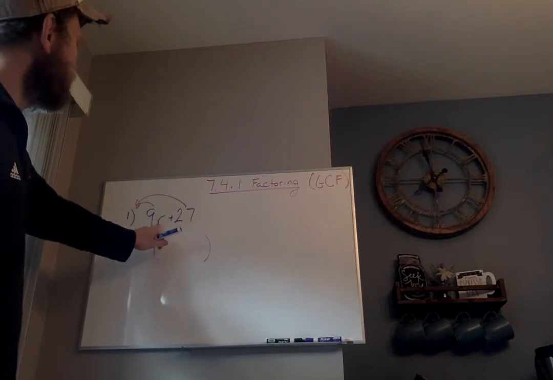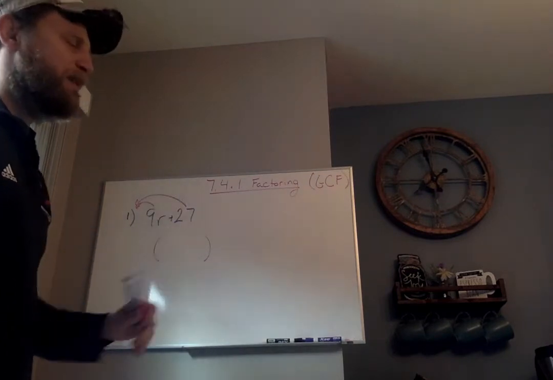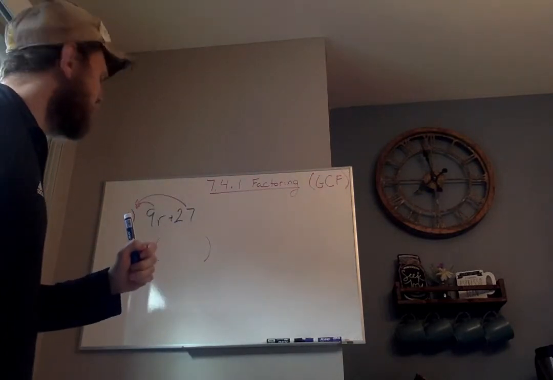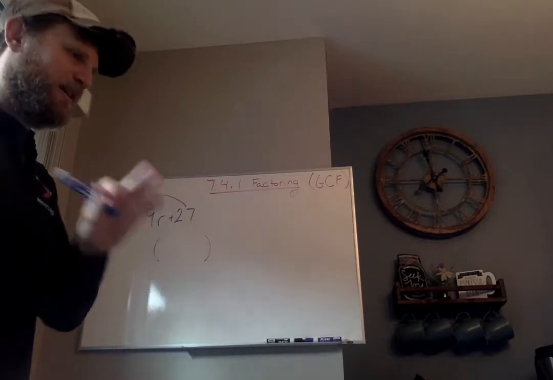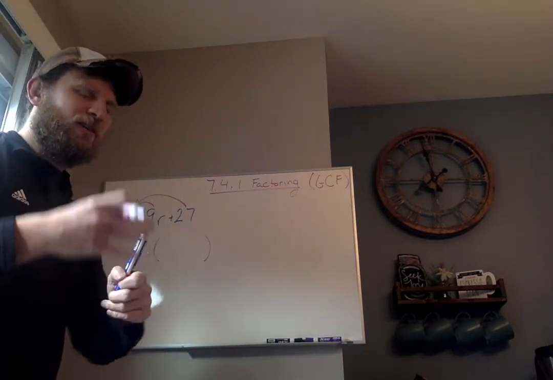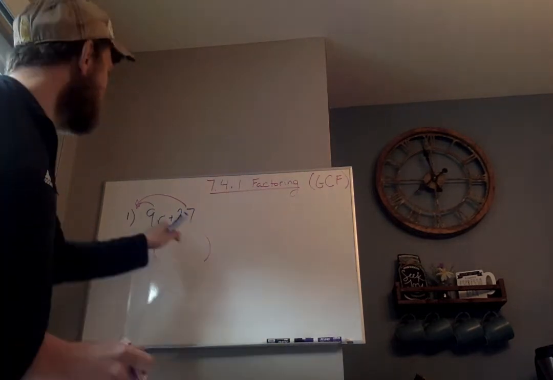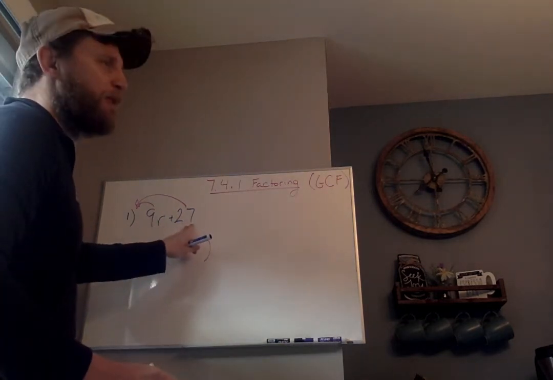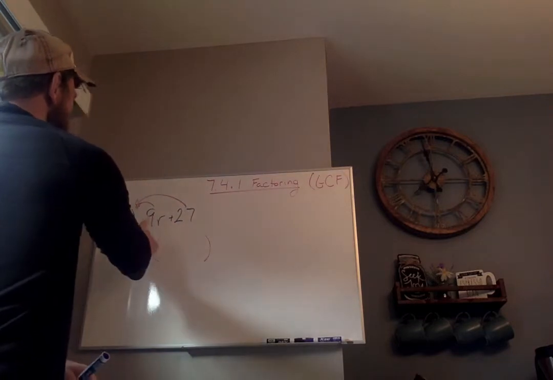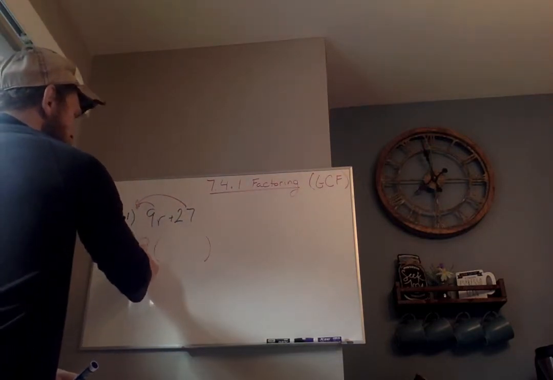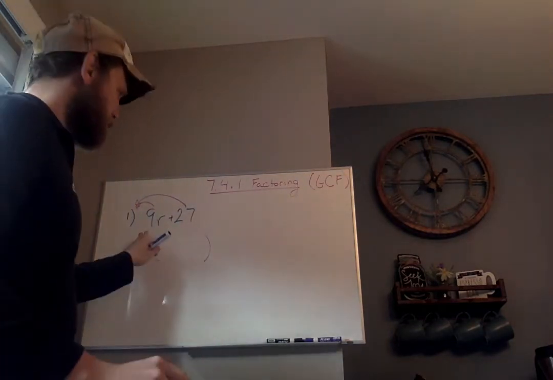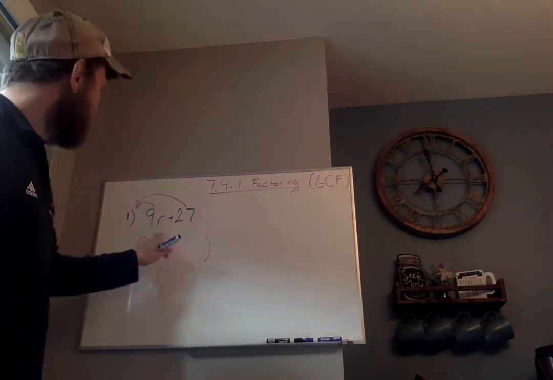So what number goes into 9 and 27, Tyler? Very good. 3 does go into 9 and 27, but is there a bigger number, Tyler? 9, very good. So I'm going to pull a 9 out of both 9 and 27. So the 9 would go out here.